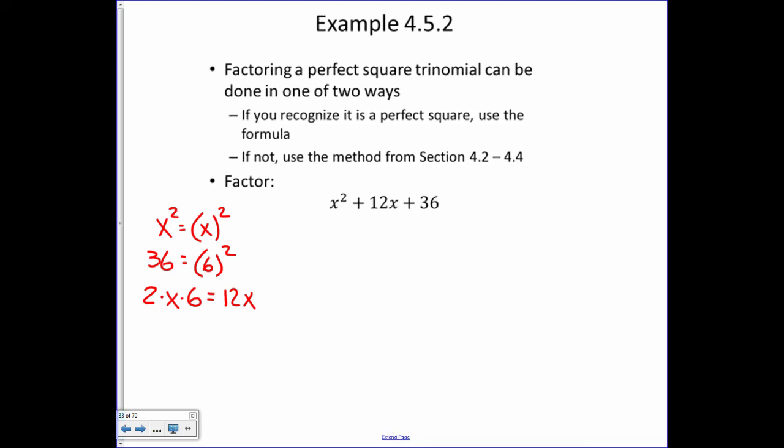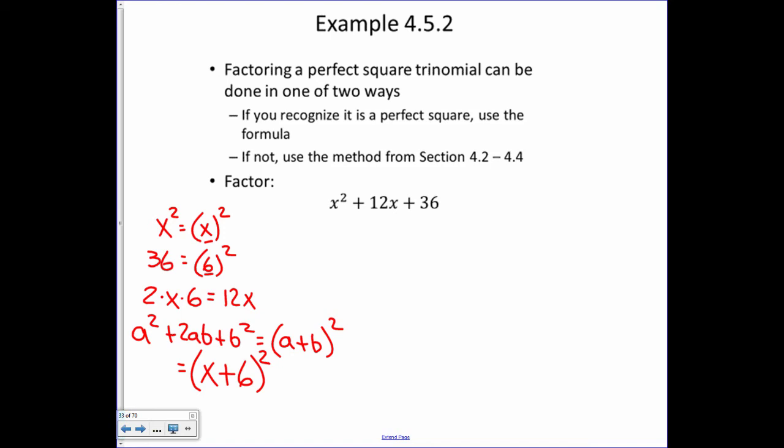And so to factor this perfect square trinomial, if you look back at the previous formulas, a squared plus 2ab plus b squared is equal to a plus b squared. And so what we have, a is just x, b is just 6, and so we get x plus 6 squared.